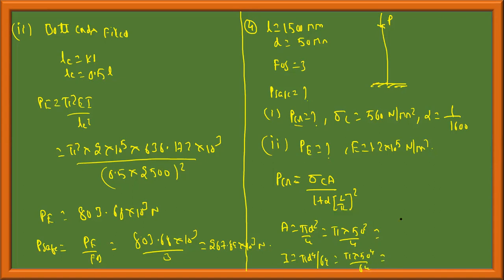What is A? 1.963 into 10 power 3 mm square. What is I? 306.79 into 10 power 3 mm power 4. Okay.